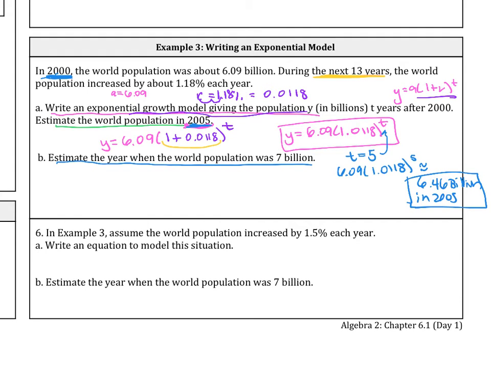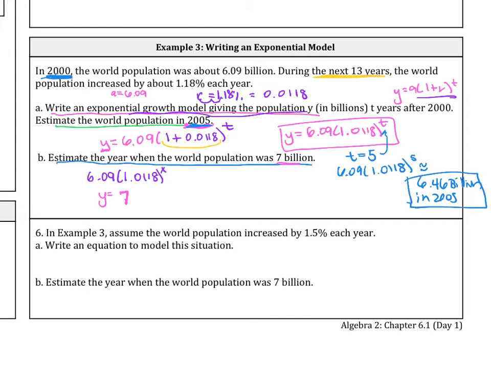The last part is to estimate the year when the world population was 7 billion. So what you're going to do is you're going to type this in Desmos, so 6.09 times 1.0118, and then raised to the x. Then for your next line, you're going to type in y equals 7, because this will give us what the world population was.